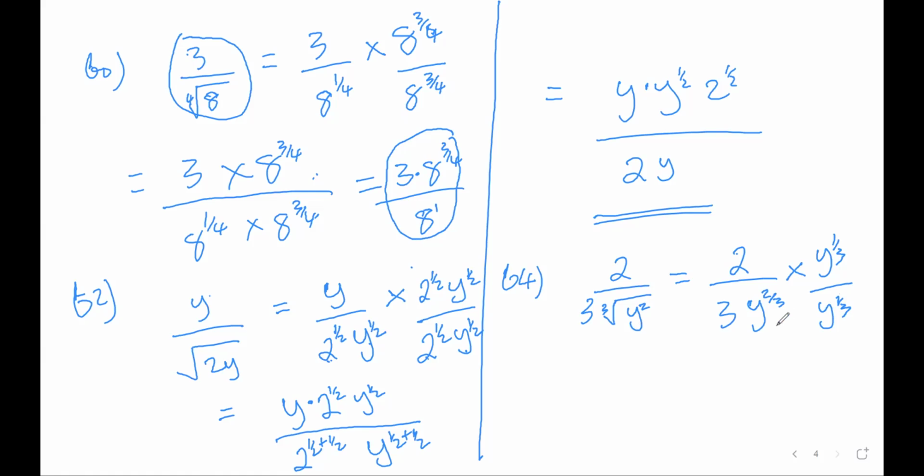All right. So from there, I can then apply my law 1 to the same basis in the denominator. So the whole thing becomes 2y to the 1/3 divided by 3y to the 2/3 plus 1/3, which is 2y to the 1/3 over 3y.